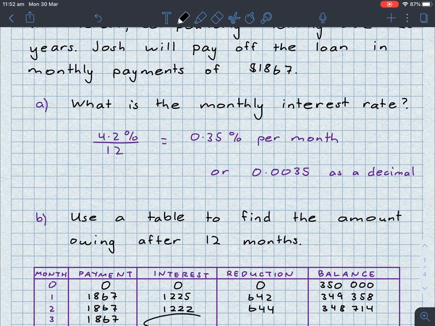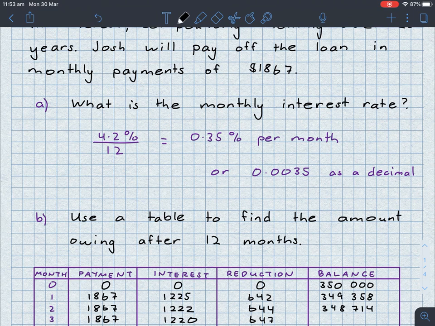The interest for month number 3 is the balance times by 0.35%, or 0.0035. So the interest for month 3 is $1,220, and it should be getting less as we pay the loan off. When we do $1,867, take away that amount that's going towards interest, we're left with $647 being paid off the loan.